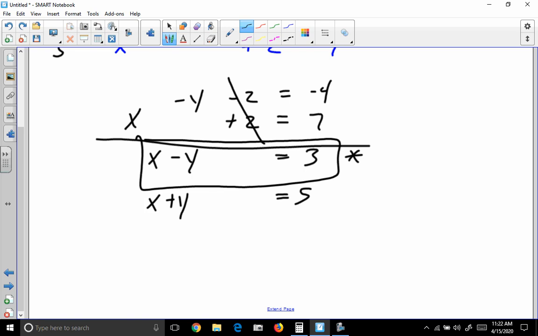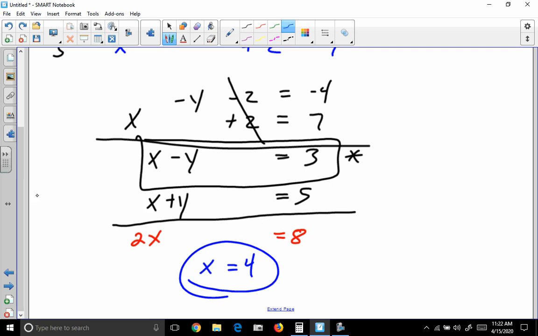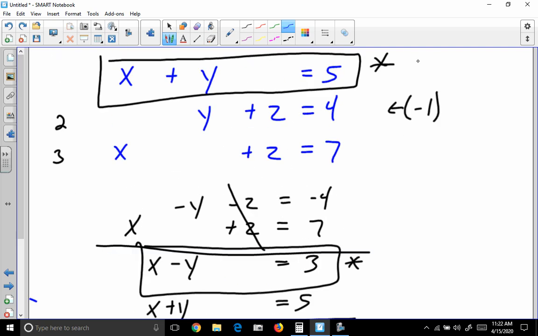And now we just use substitution or addition to solve this one. If we add these equations together, we get 2x, our y's cancel, and we get 8 on the other side. If we divide both sides by 2, we get x equals 4. So that's the x coordinate of our solution. Now we can just back substitute that x value into really any of our equations to get our other values.